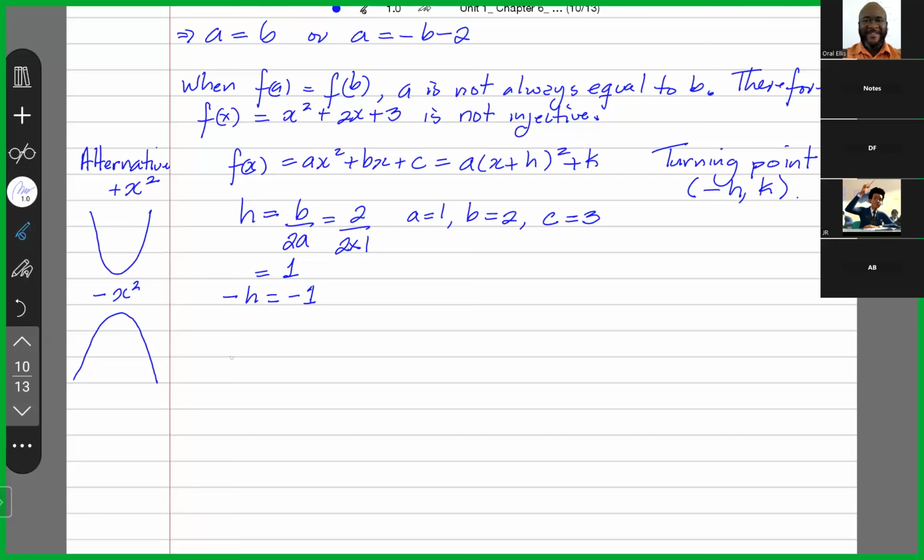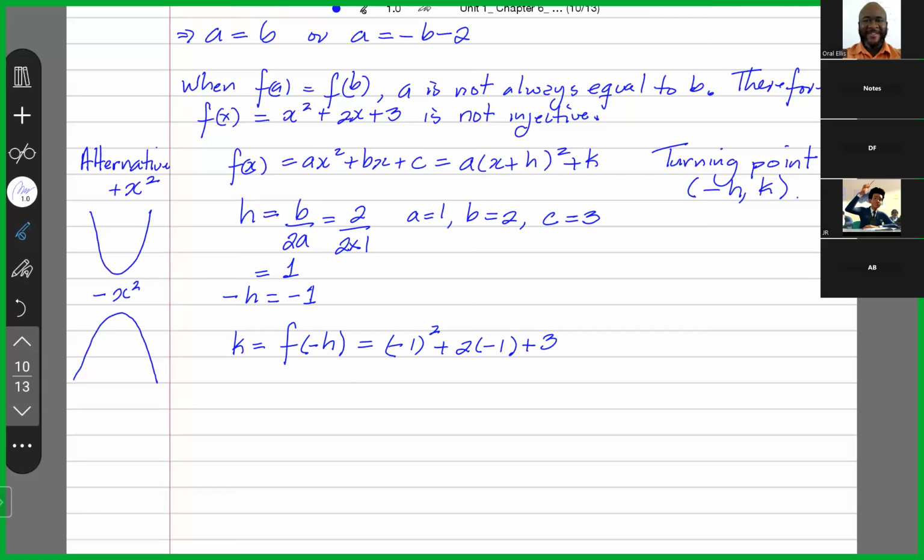Now, we can find k because k would be equal to f of minus h. In other words, k is equal to f of minus 1. So k would be minus 1 squared plus 2 times minus 1 plus 3.